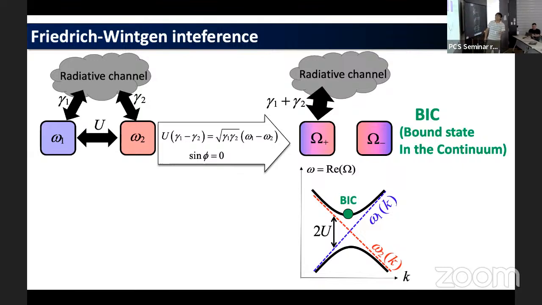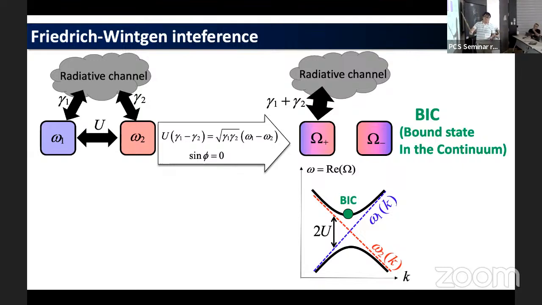In this case, we have one eigenmode become superradiant, so it takes all of the losses, gamma 2, and the other eigenmode is subradiant. Here it is lossless, and this is called bound state in the continuum, because even though this mode sits above the light cone, it cannot radiate to the continuum due to destructive interference.